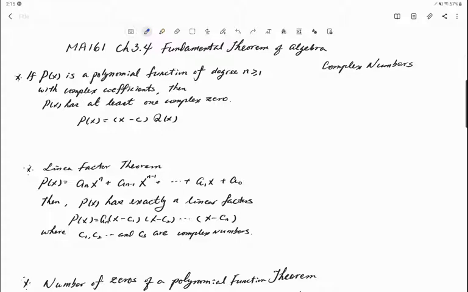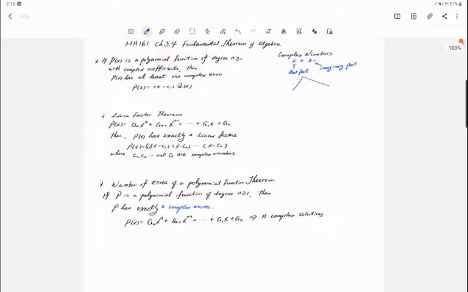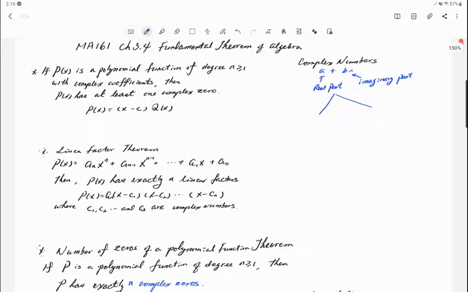What do you mean by this? Complex numbers are composed of a, the real part, and bi, the imaginary part, right? So a complex number is composed of two parts, real numbers and imaginary numbers.